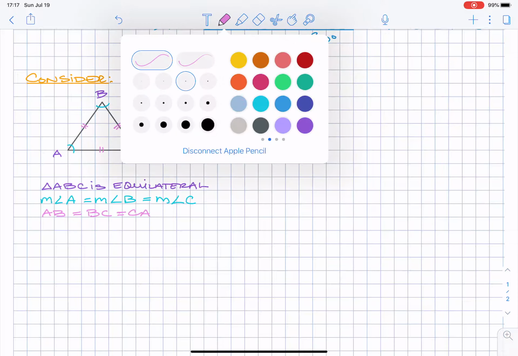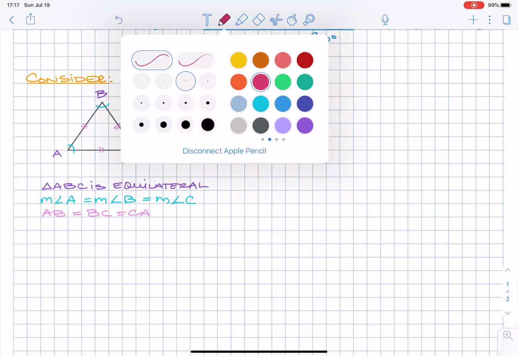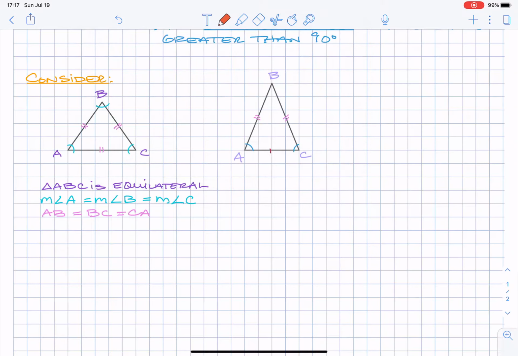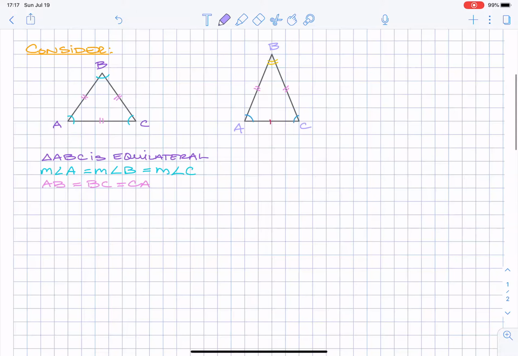But notice that the bottom has a different length, which means that the top angle up here, let's do this in yellow, is a different measure. So this is what's termed an isosceles triangle, so triangle ABC, which means equal side in Greek. However, we're just talking about two of the sides are equal.